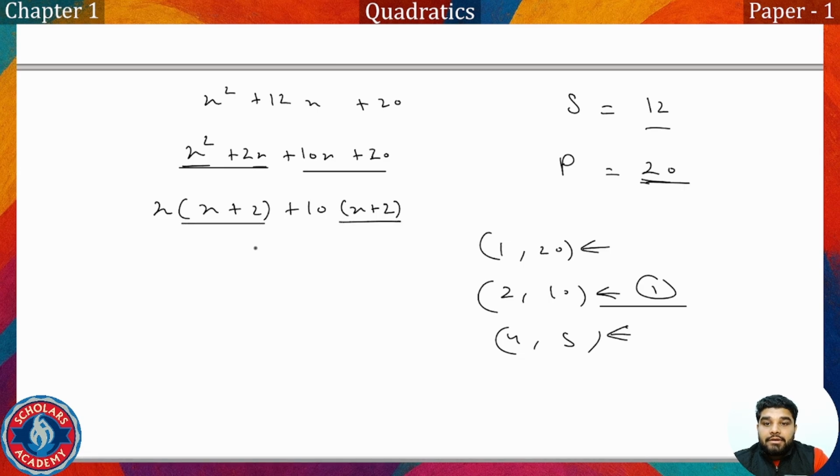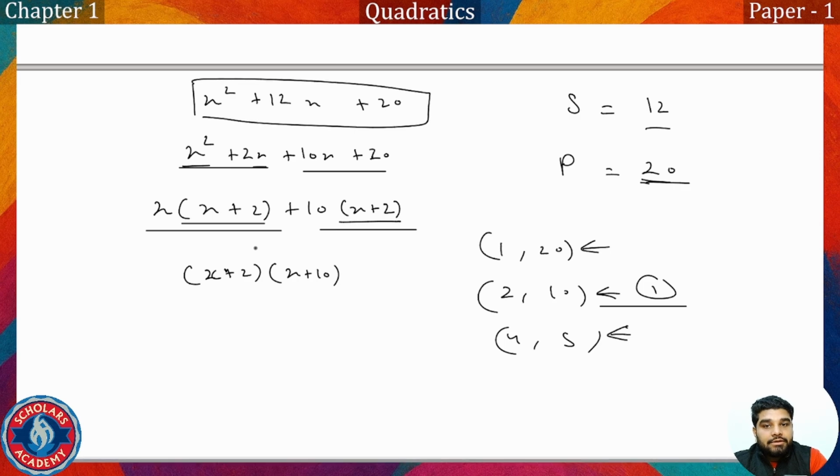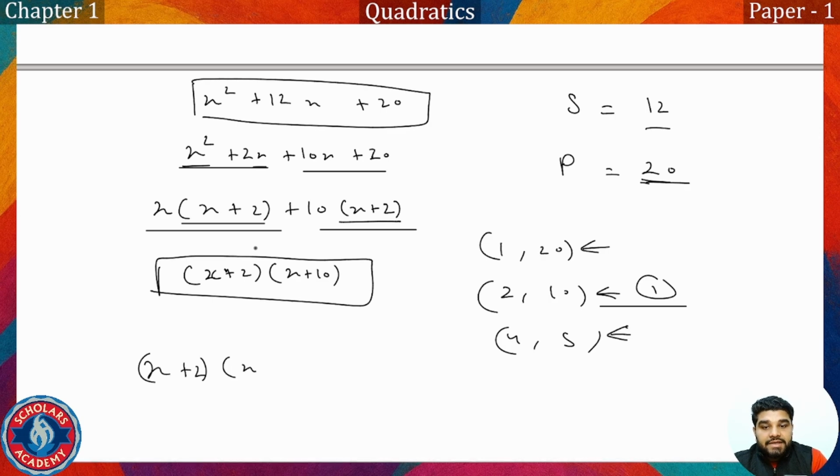So again I will try taking common from these two terms. x plus 2 is common. Taking this as common, what we are left with is x plus 10. So I factorized this quadratic equation and I got x plus 2 as one factor and x plus 10 as another factor. So now I can say x plus 2 times x plus 10 is equal to 0.